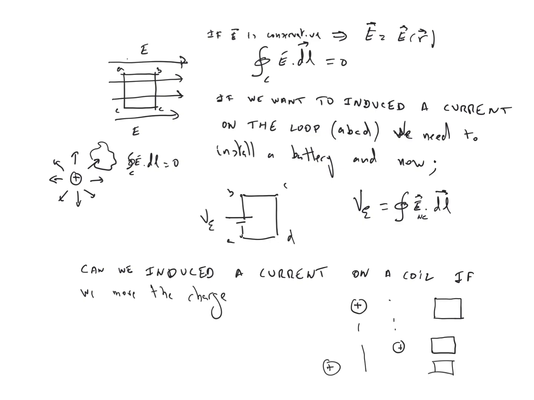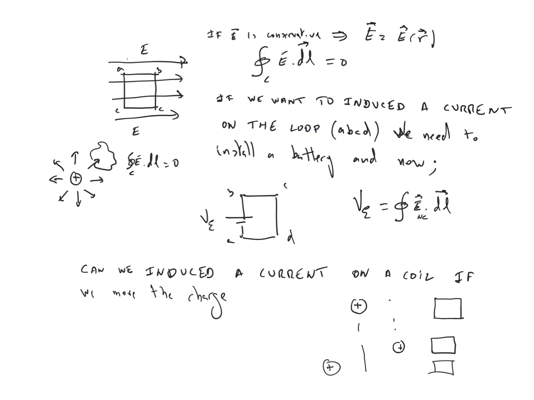Well, in the last situation for Faraday's law, when we vary the magnetic flux, we create an electrical field. So now we want to study if it's possible to vary the electrical field and create a magnetic field.